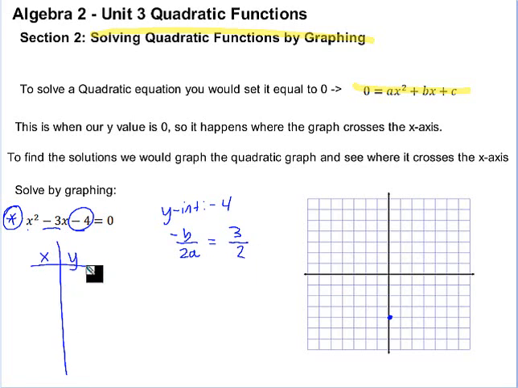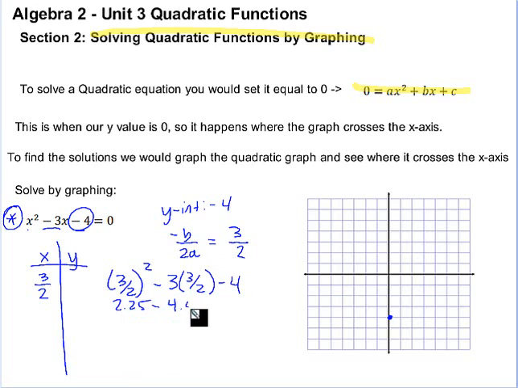So here, if I'm making an xy chart, I'm going to want to put down 3/2 or 1.5 for sure for a point. So that would be 3/2 squared minus 3 times 3/2 minus 4, and we'll figure out what that is. So 3/2 squared is 2.25, minus 3 times 3/2 would be 4.5, minus 4.